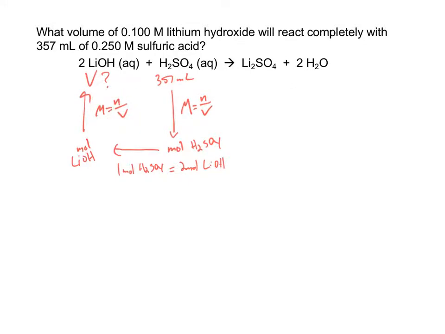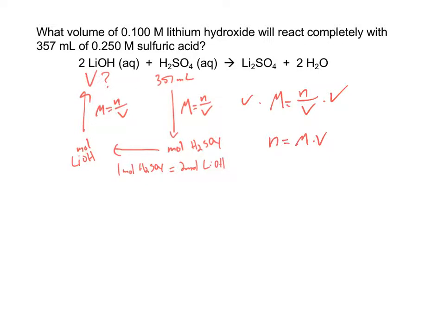So to get the moles of sulfuric acid, I'm going to use M is n over V. Of course, we have to be careful. I want the moles, so I want n. So to get n by itself, I'll multiply both sides by V. So the moles is the molarity times the volume.